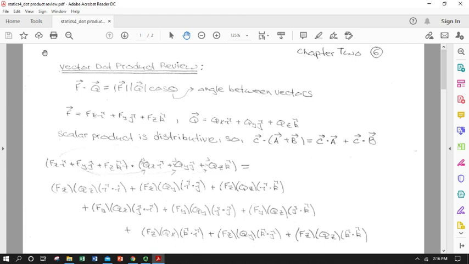Well, as it turns out, there are two different ways to multiply vectors. One can be defined as the scalar product, and that's the one that we're going to deal with today, the dot product. The other is called the cross product, or the vector product, because it gives you a vector. They're both similar in that they are really portions of a matrix operation that you can perform on two vectors.